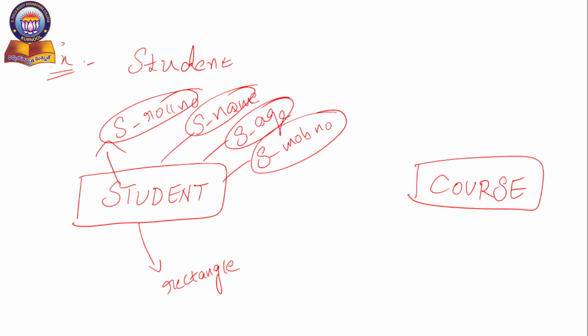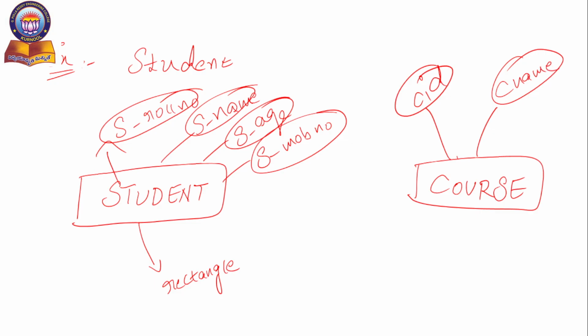These four are the attributes of a student. The attributes of the course are course ID and course name. Student and course have a relationship because the student will enroll in the course.